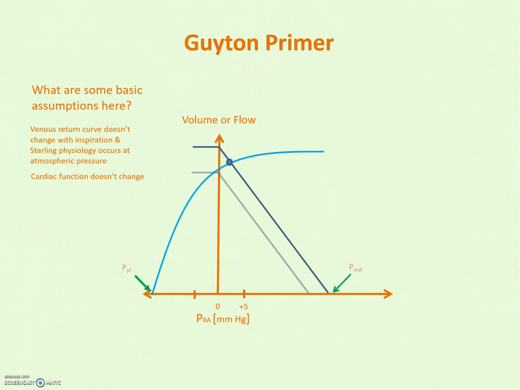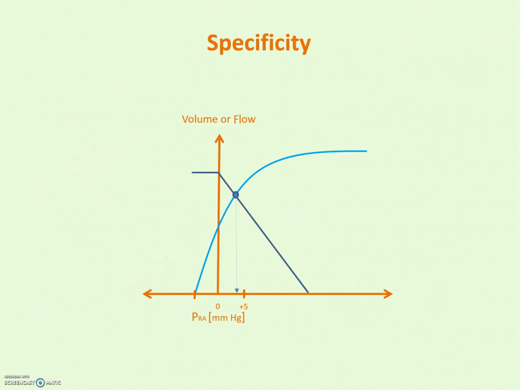We also assume that the cardiac function doesn't change, and that the change in the pleural pressure, that decrease in the x-intercept of the cardiac function curve, is standardized. So let's talk a little bit about the specificity of IVC collapse, and that's a measure of the number of false positives. So when do you get IVC collapse? When a patient is actually not fluid responsive.